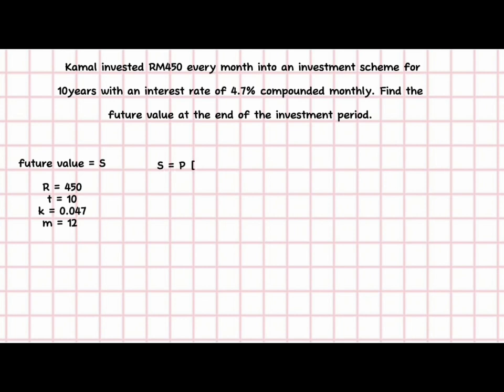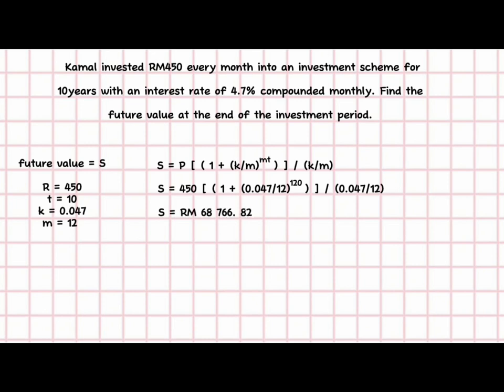We use the future value formula, fill in the information, and the answer would be 68,766 ringgit 82 cents.